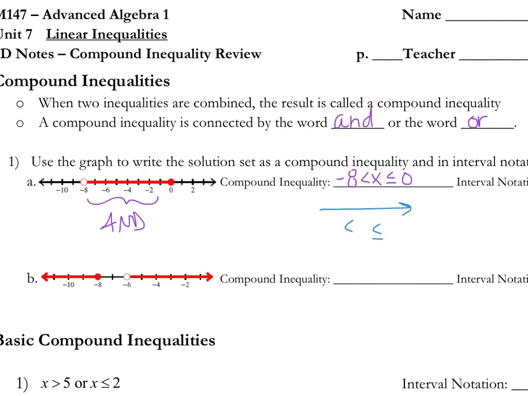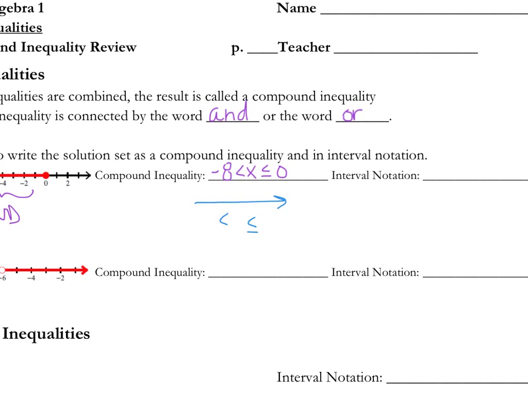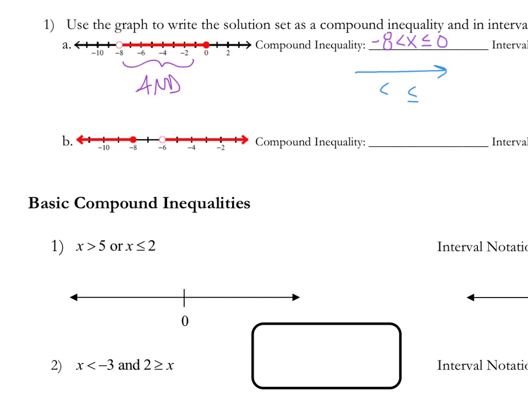Okay. In interval notation, open at -8 and closed at 0. All right, next example. This is an example of an or compound inequality. So we would say that x is less than or equal to -8 or x is greater than -6.